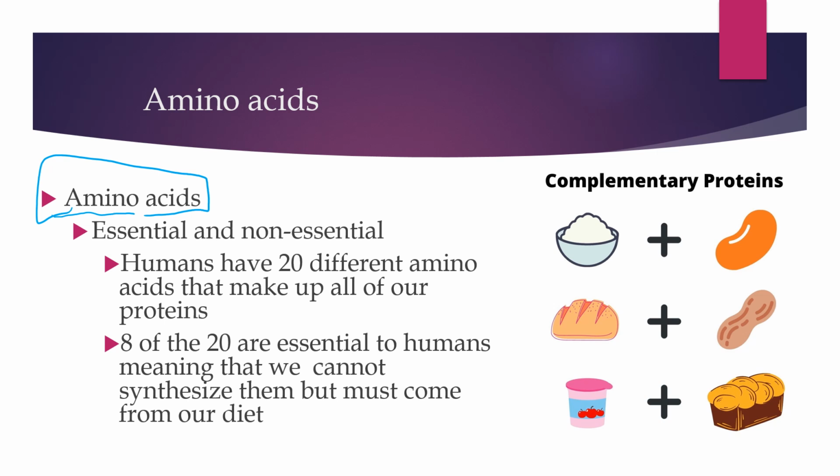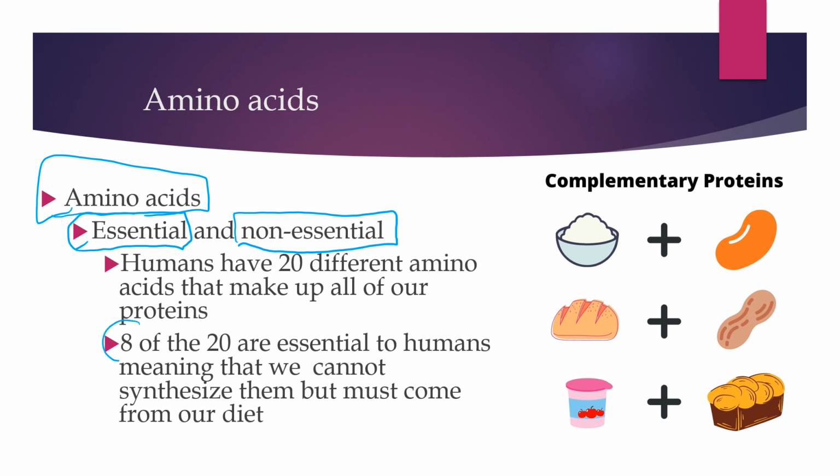For the amino acids, some of those we have to eat, because we can't make them. Those are called essential amino acids. But some of the amino acids we can make from other amino acids, so if we don't eat them directly, we can convert other amino acids.